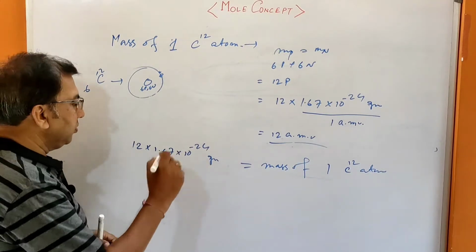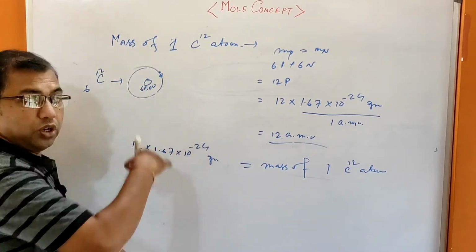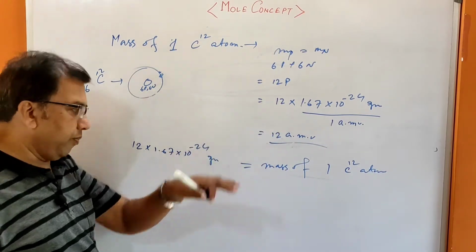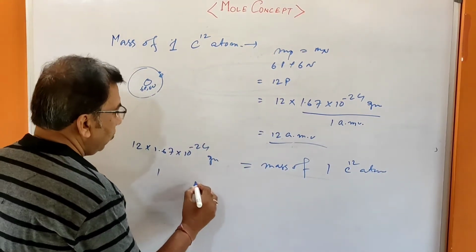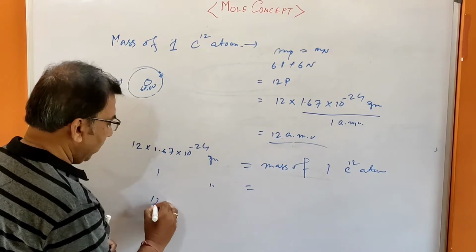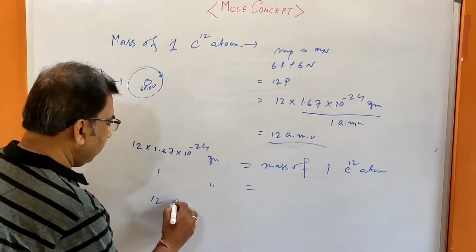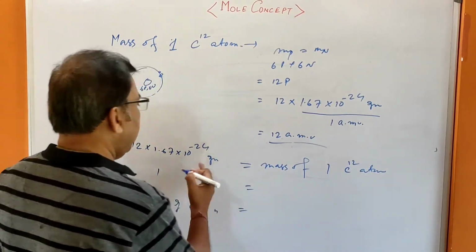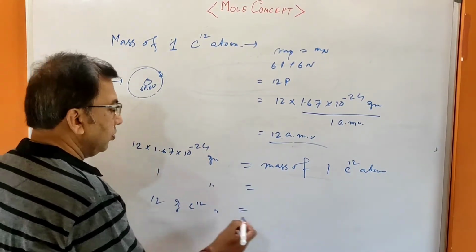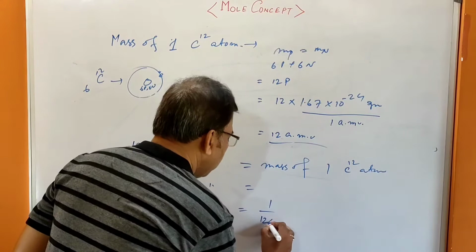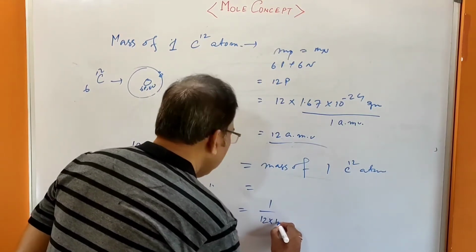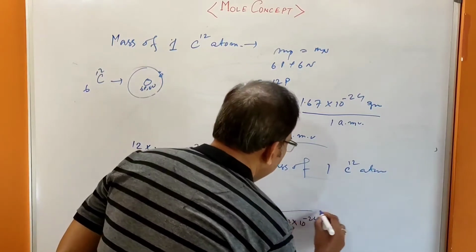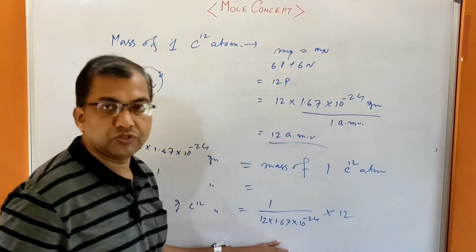Therefore, you have to find out the mass of 12 gram of carbon-12. What will be the mass of 12 gram carbon-12? Right, 1 by this into 12. That means 1 by 12 into 1.67 into 10 to the power minus 24, into 12.